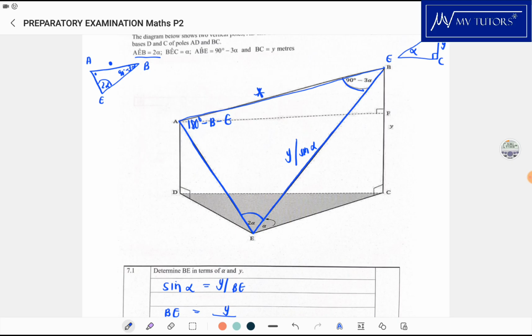Yeah, I think we can use the sine rule, because we have a side and the opposite angle, and we're looking for a side and we have an angle. So let us use the sine rule and see how far that will get us. But first, let's just get A for now.